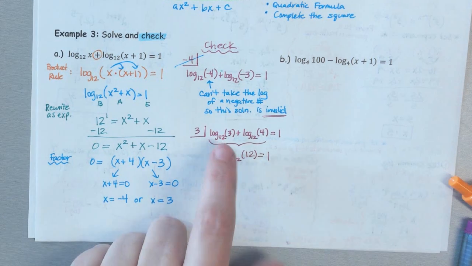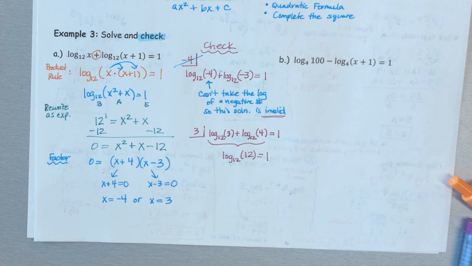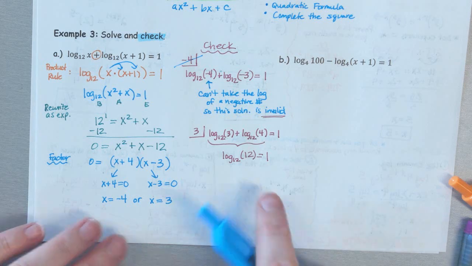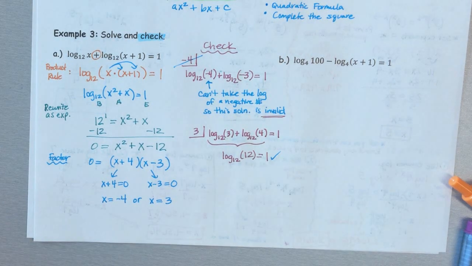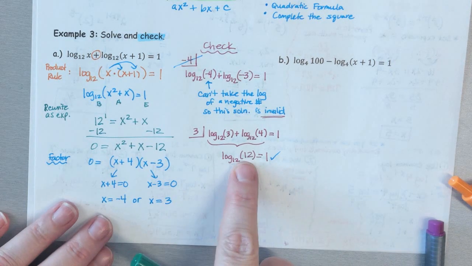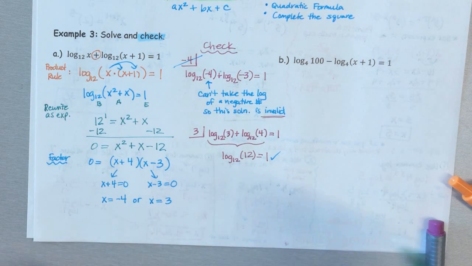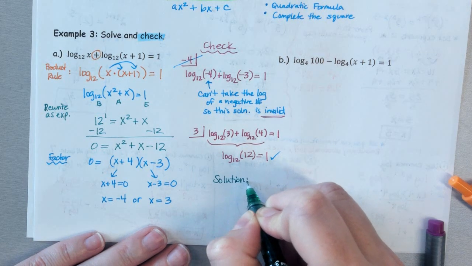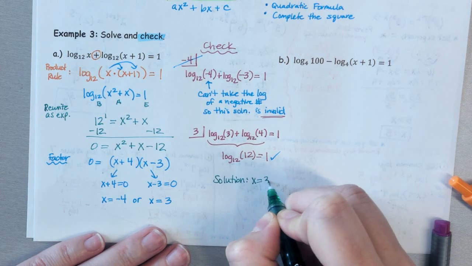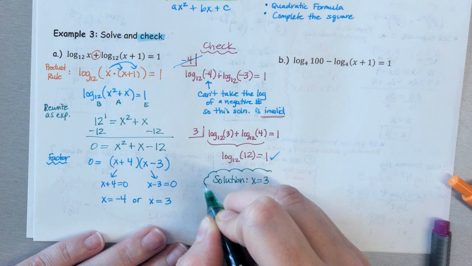Remember, that's our rule from yesterday, that you just multiply them together. And then, is log base 12 of 12 1? Yes, it is, because 12 to the first power is 12. Okay, and so your solution for this problem is only x equals 3. That's the only valid solution.